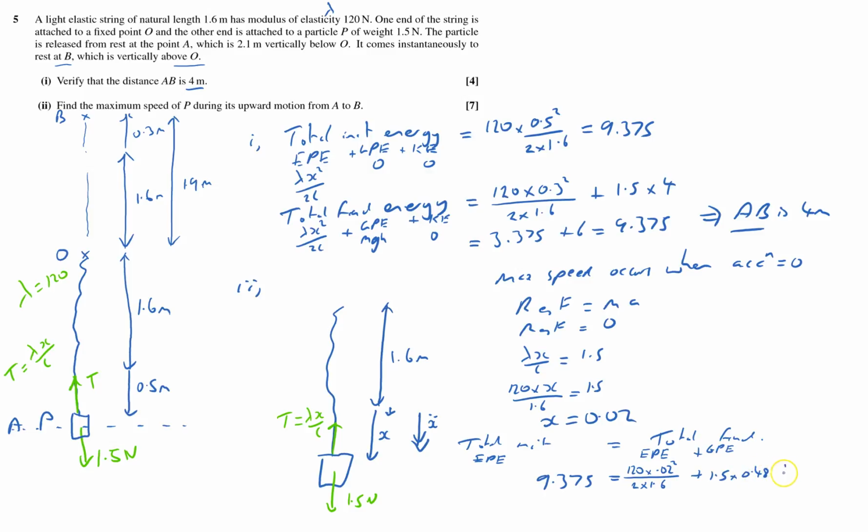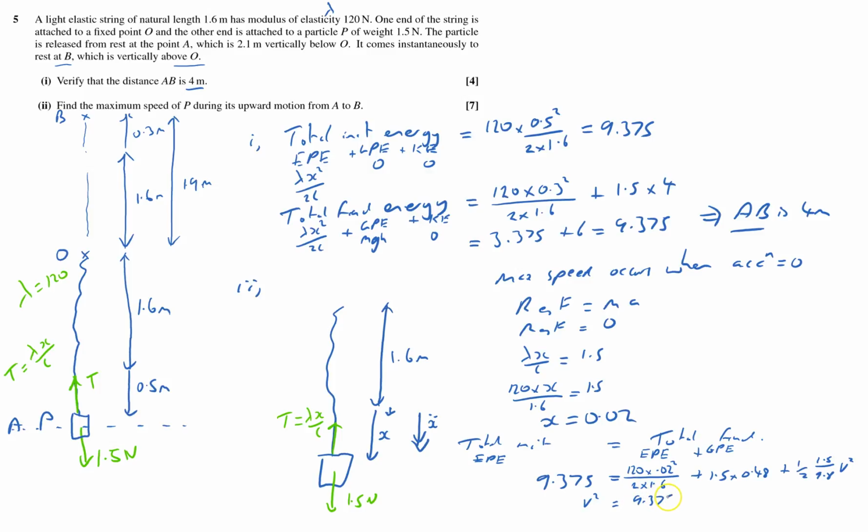And then finally plus a half, and the m is 1.5 over 9.8, times v squared, half mv squared.